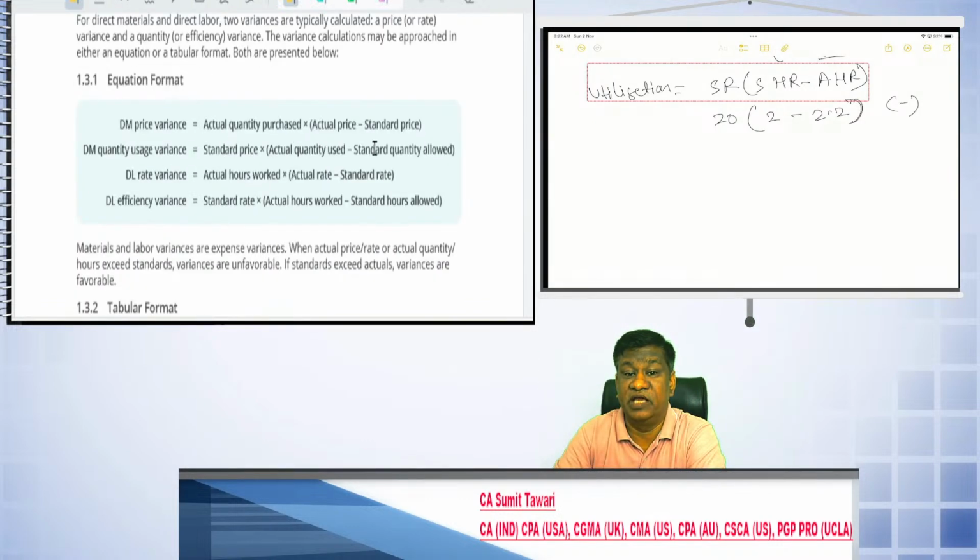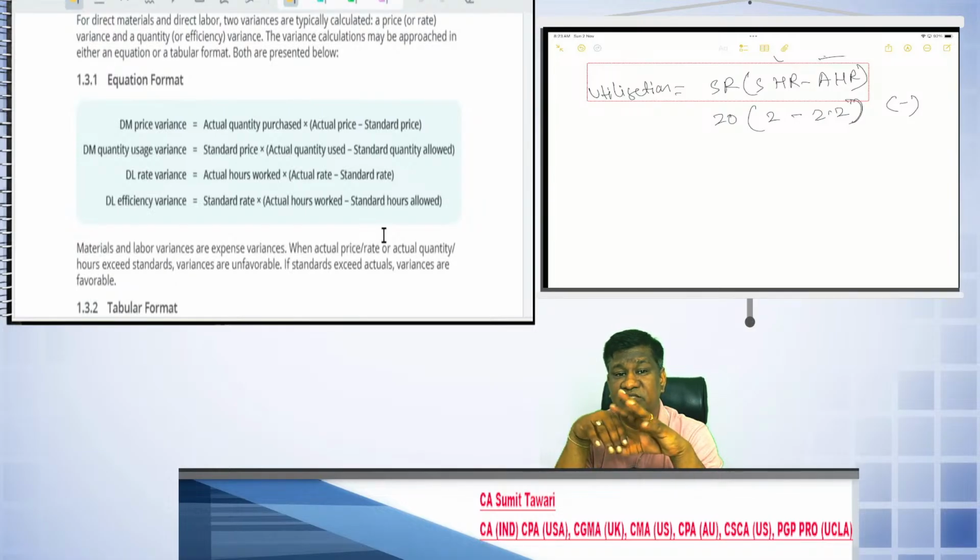Actual quantity purchased multiplied by actual price minus standard price; for usage, standard price multiplied by actual quantity and standard quantity; and for labor, actual hours multiplied by actual rate minus standard rate; and for efficiency, standard rate multiplied by actual hours minus standard hours. These are the variable cost variances, so you need to calculate the direct labor rate like this.